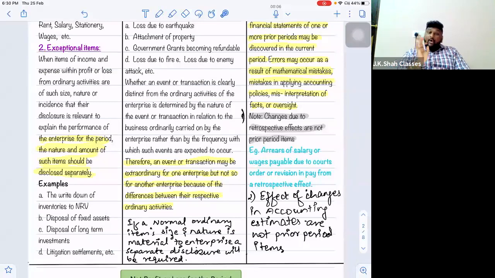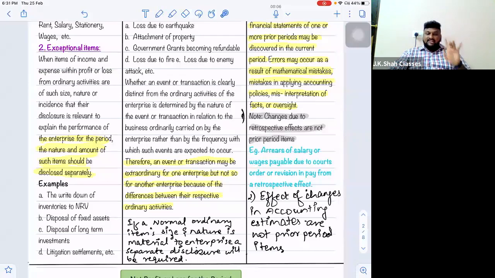Right? There are some litigation settlements. Now, can I say litigation settlement also happens once in a blue moon? But it is not an extraordinary item, because to become an extraordinary item, it should be distinct from your day-to-day operations. So please understand one thing.